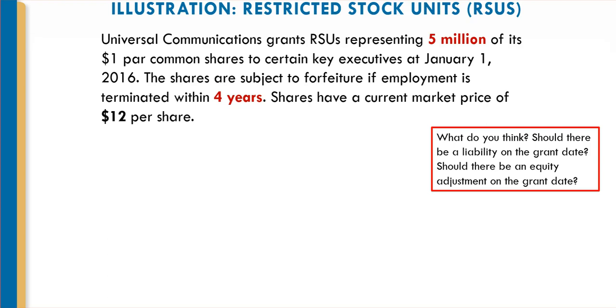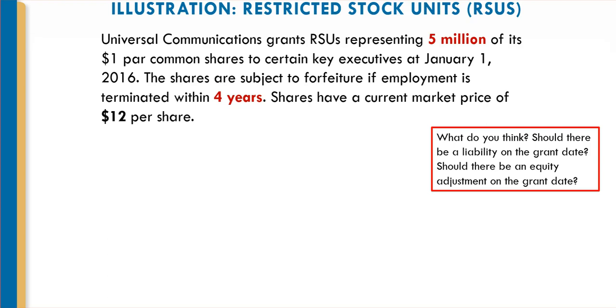The debit is going to be to compensation expense, because it's a necessary expense for the company. It's what the company has deemed that they're going to pay the executives. So we have a debit to compensation expense.